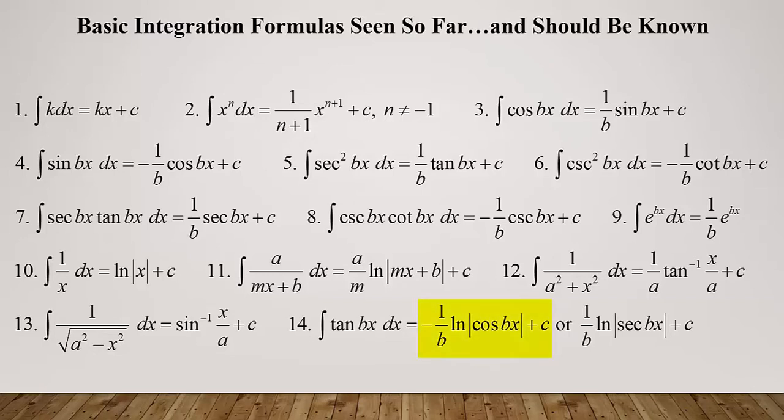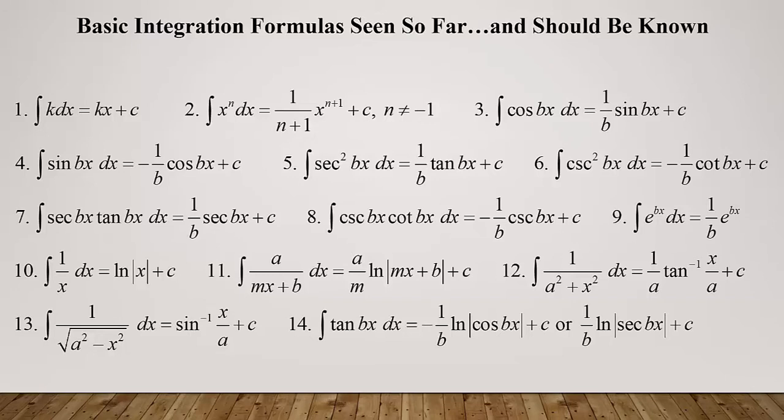Some people will say it's negative 1 over b natural log absolute value cosine bx plus c. Other people will say it's 1 over b, the natural log absolute value of secant bx plus c. And they're equivalent, and the reason why is an old property of logarithms that would allow you to rewrite the natural log cosine bx as that natural log secant bx.